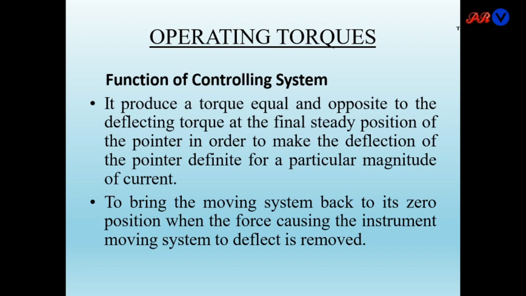Second, to bring the moving system back to its zero position when the force causing the instrument moving system to deflect is removed. So when the deflecting torque is removed, or the signal which we want to measure is removed, then this controlling system will bring the pointer to its zero position. So this is the function of the controlling system.